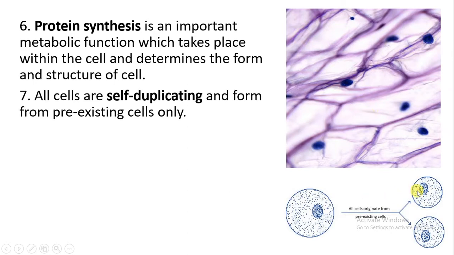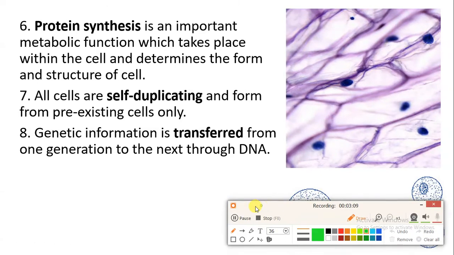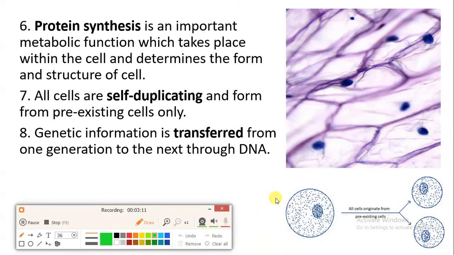Next, each and every cell arises through a kind of cell division. Each and every cell arises from the pre-existing cells only. And there is always a transfer of genetic information from one generation to the next generation. Suppose this cell is a parent cell. If we take an example, this, the very first cell which we are talking about, is a parent cell.